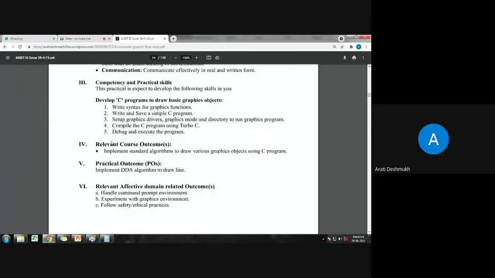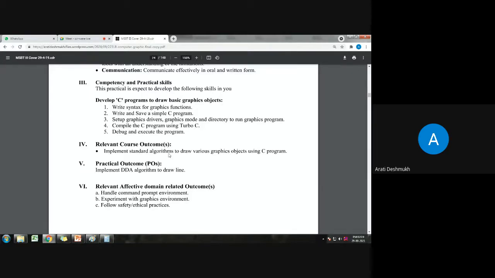The competency of this experiment is we have to write graphics functions. Here we are using graphics functions like initgraph, closegraph. In the simple graphics program, we include the graphics.h header file. This is most important. We are using the graphics driver concept, graphics mode, path of the BGI file.